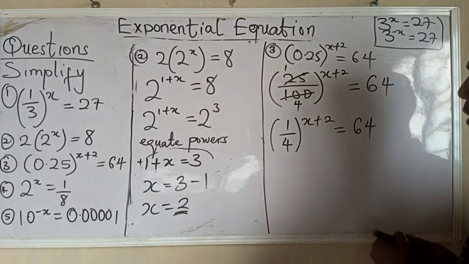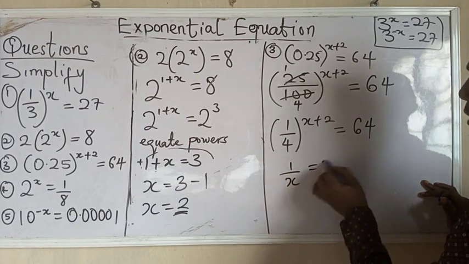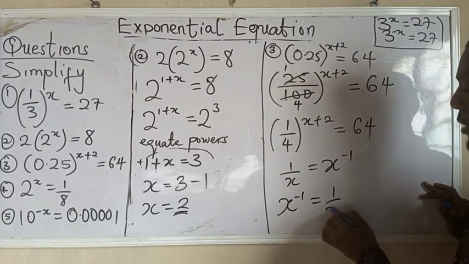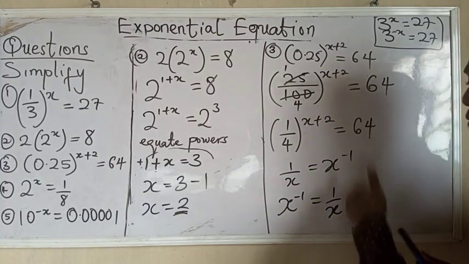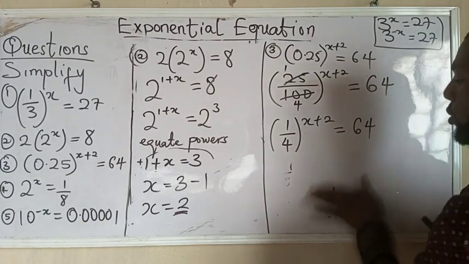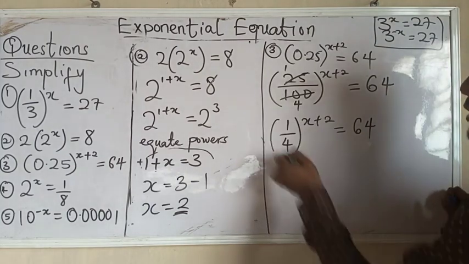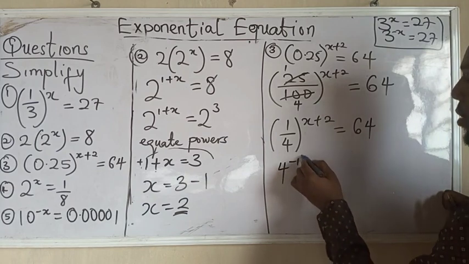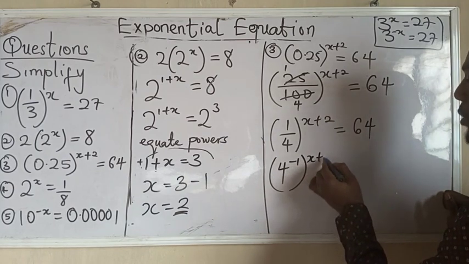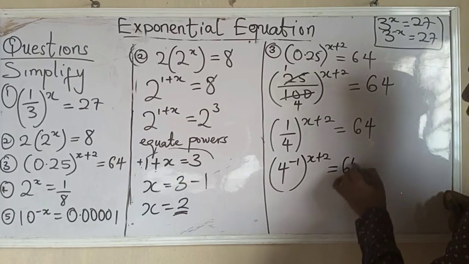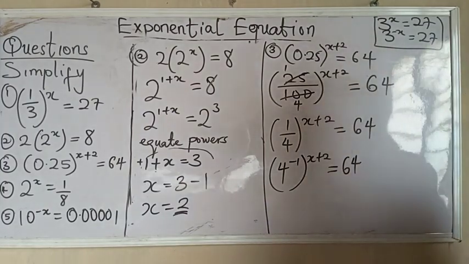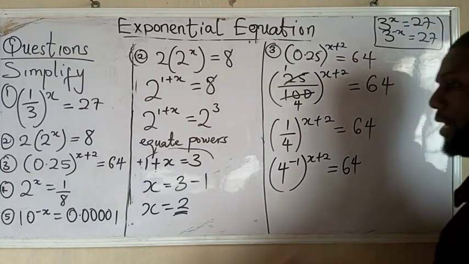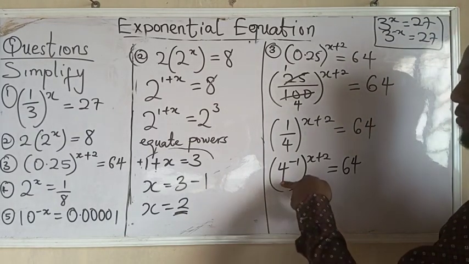So in this case, 1 over x is simply saying x raised to power minus 1. However, x raised to power minus 1 is also the same thing as saying 1 over x, in one of the laws of indices. So on this note, I can as well say that this 1 over 4 is simply saying 4 raised to power minus 1, all into bracket x plus 2, equals 64. Now, from here, I can see that my left hand side has a base 4.